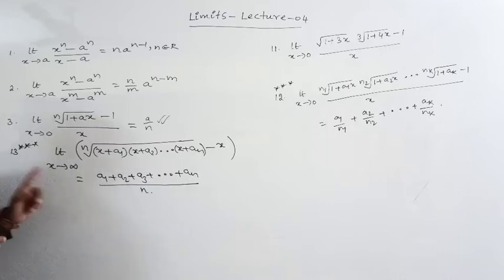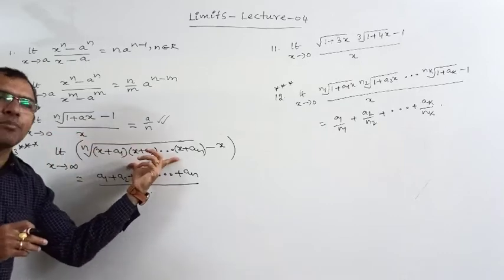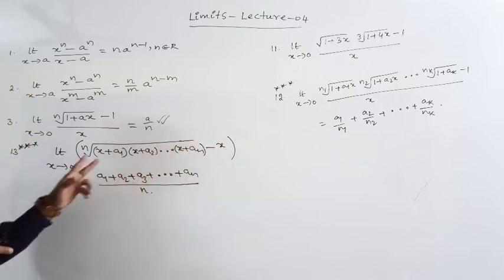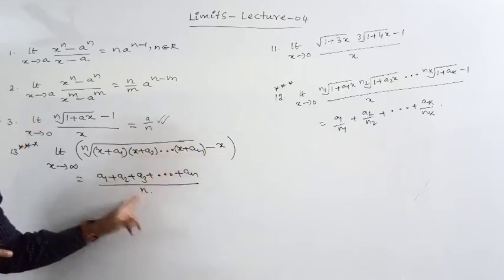Very, very important. Nth root of the product of n factors, minus x, equals the average of these numbers.